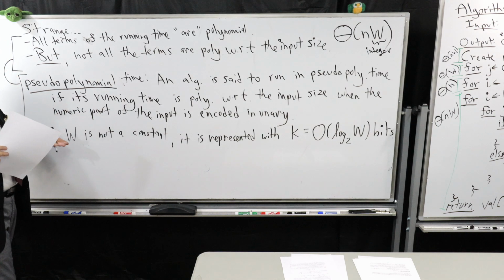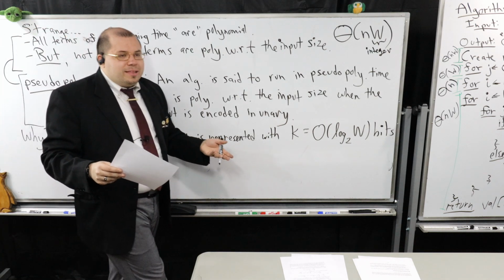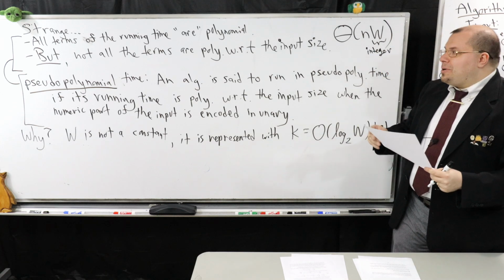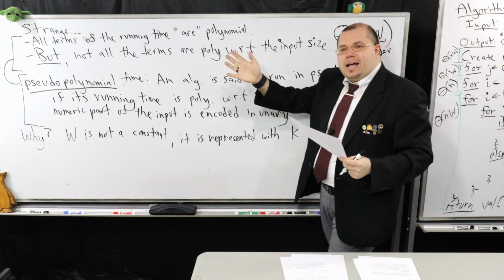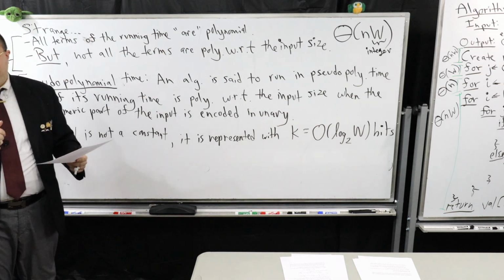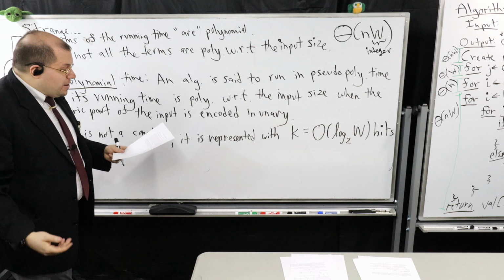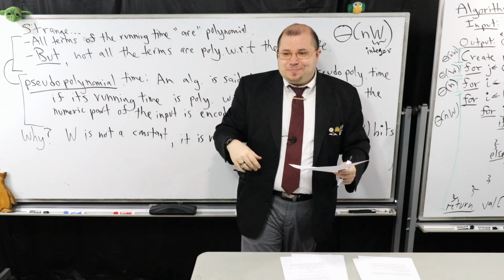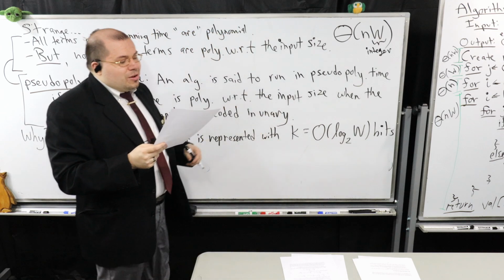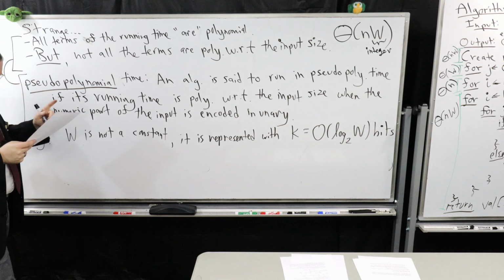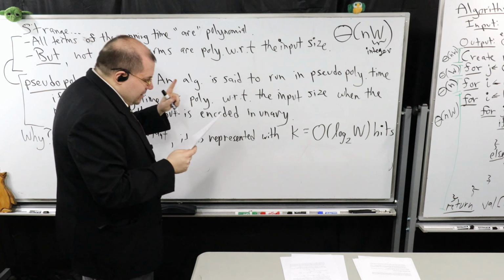So keep in mind that W could be much bigger than the integer sizes of the items that are in it. Remember, our instances consist of a whole bunch of items that have profits and weights. W is unrestricted by this completely. W can be much bigger than the integer values of the items for their profits and weights. That fact alone is a very interesting one from a theoretical standpoint that I won't be able to talk about here. If you're curious about it, let me know, obviously after class.